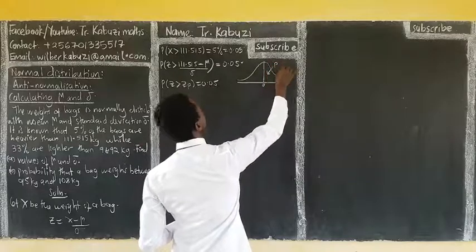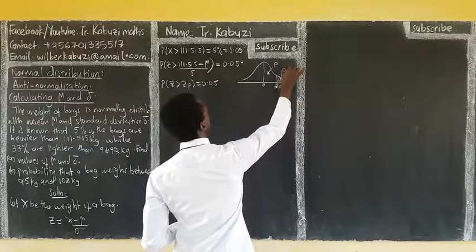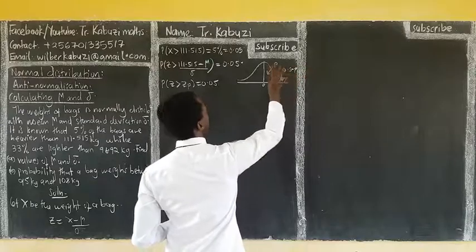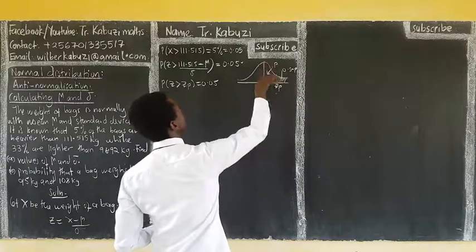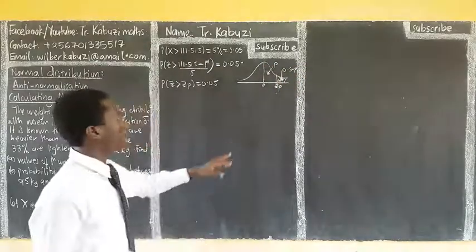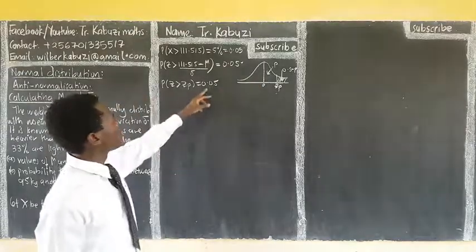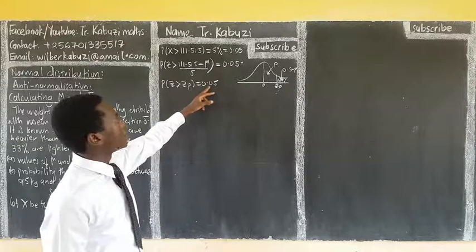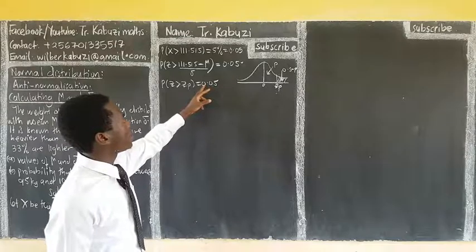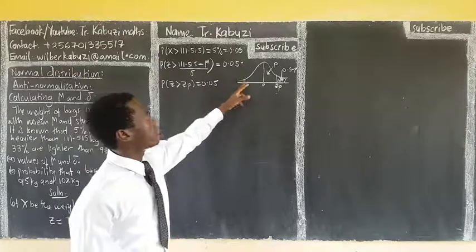Remember, if this is P, then this one is going to be 0.5 minus P. Why? Because the whole area under this side is 0.5 and also this is 0.5. Now, if it was greater than 0.5, say this was 0.65, then it would have been this side.